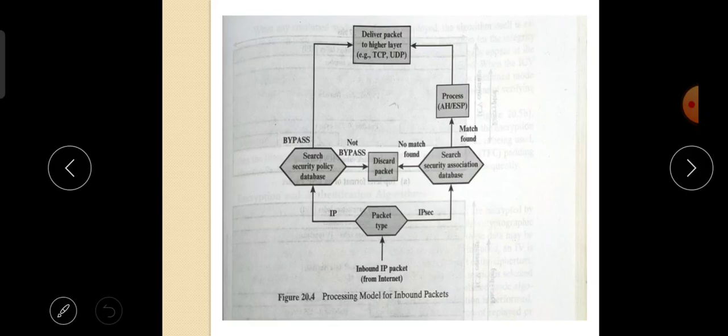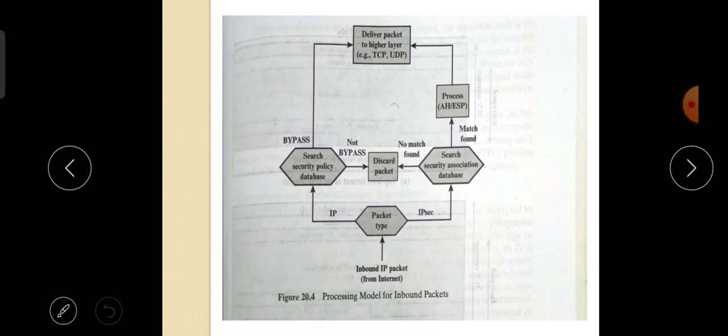That is, on receiving the inbound IP packet from the internet, we first need to determine the packet type, whether it is with security or without security.